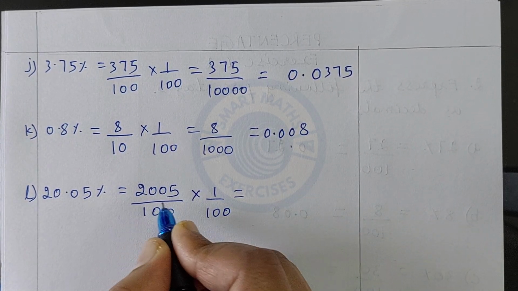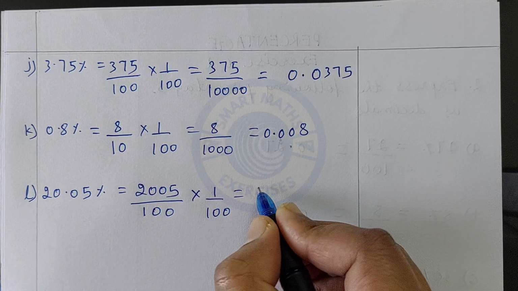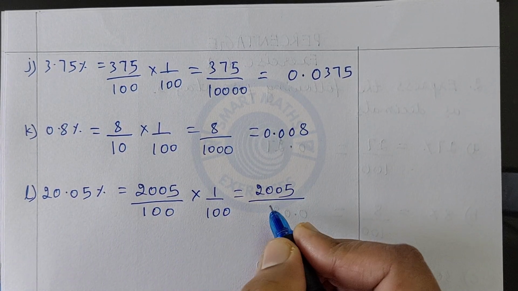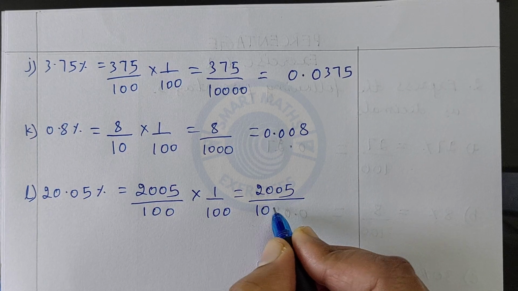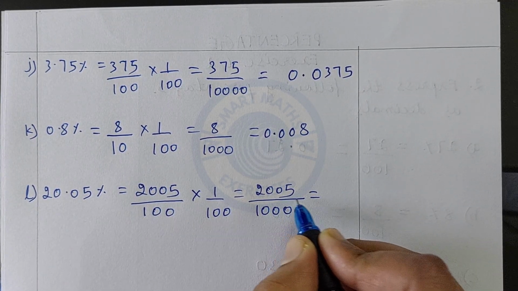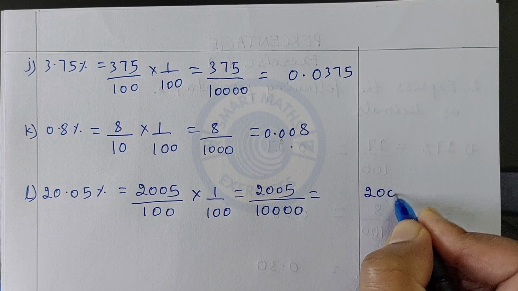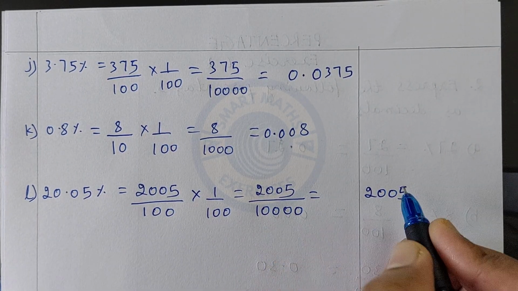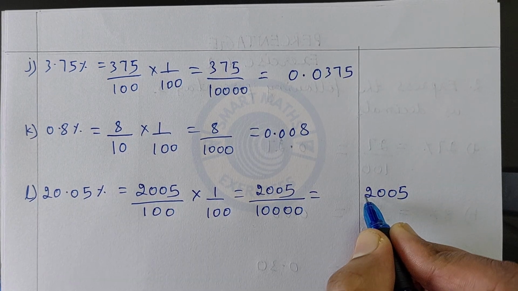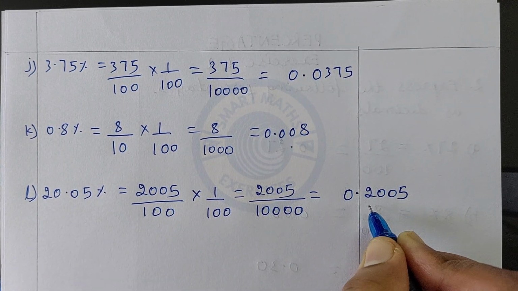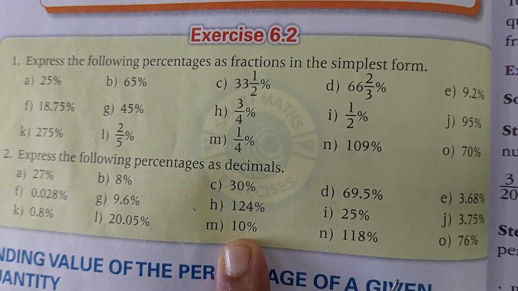So this becomes 2005 by 100 into 100 is 10,000. Keep 2005 as it is. Count the number of zeros below. 1, 2, 3, 4. So add a decimal point and 0. Answer is 0.2005.